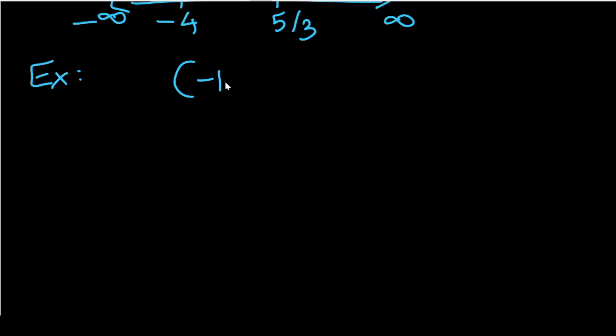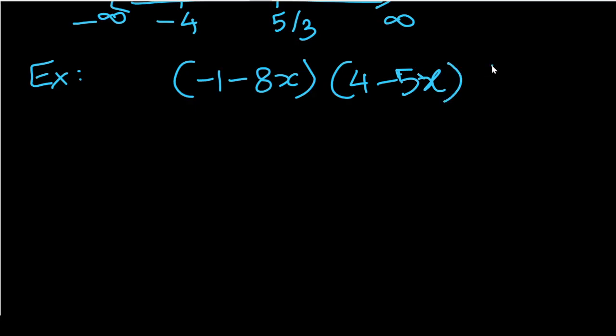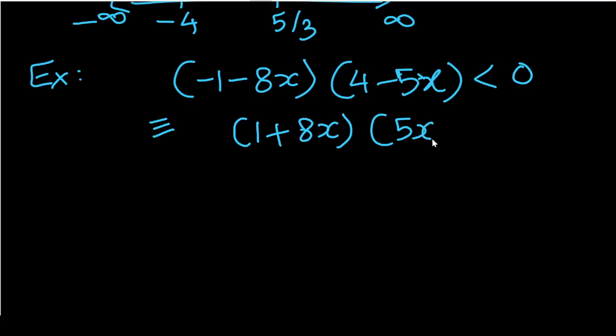If it is minus 1 minus 8x, 4 minus 5x less than 0. This is the same as 1 plus 8x, taking minus out, and here also taking minus out, 5x minus 4, the sign is the same.